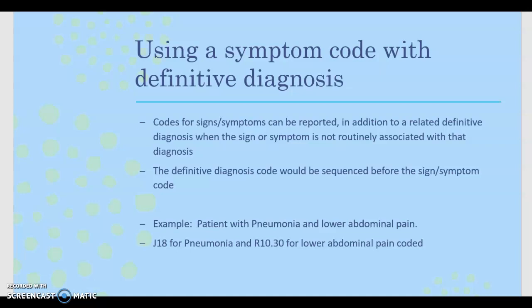Now, there are times when there is a sign or symptom that's not part of that diagnosis, so it's not inherent in that diagnosis. In those cases, you would be able to code the diagnosis and the sign or symptom. But if the sign or symptom is part of that typical diagnosis or disease process, you cannot code it.